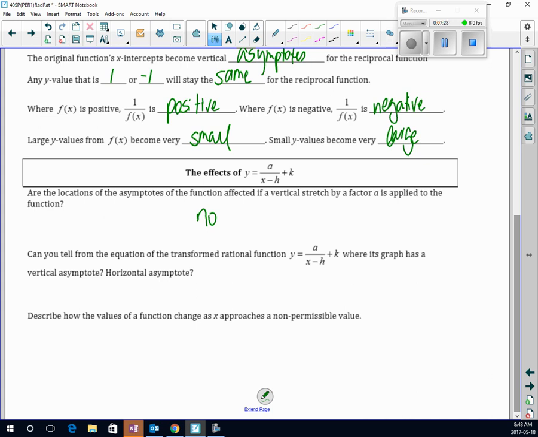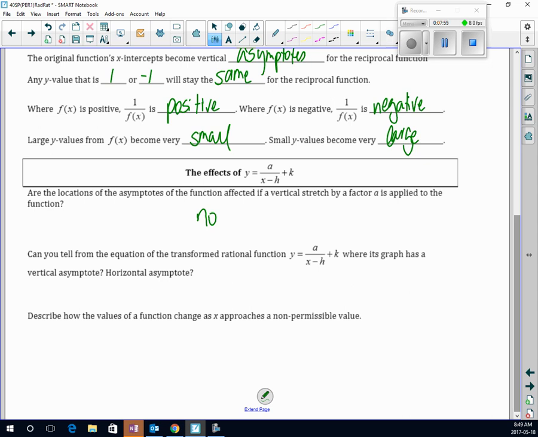So the vertical asymptote will always be at x equals 0 unless we shift left or right. Also the horizontal asymptote. If you think about it that way, a vertical stretch wouldn't affect it either. The only way that would get affected is if we go up or down.